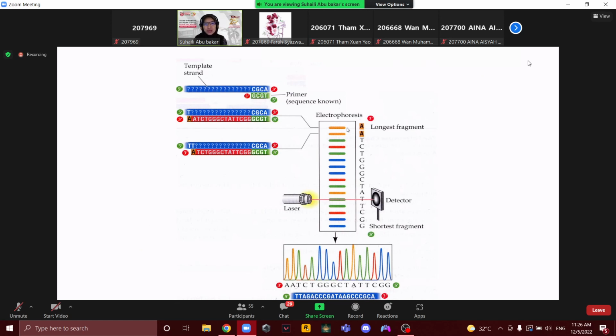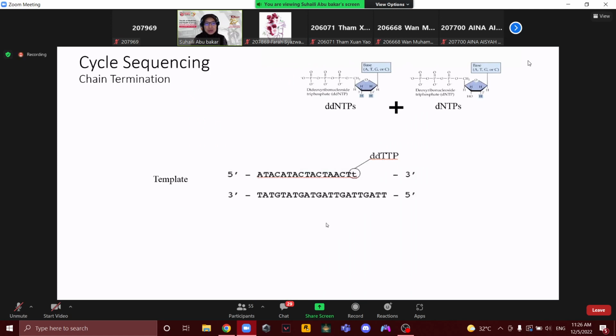So to read this sequence, convert it back. Don't just reverse it, but find the complement. The complement for this one, 3 prime, is TTAGA. This is the correct answer.